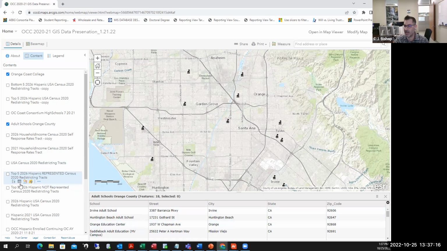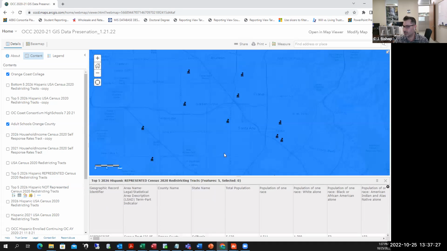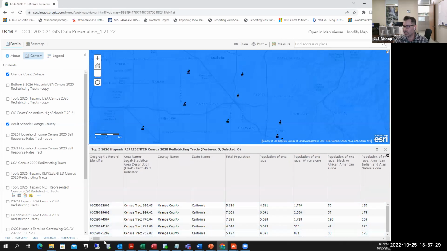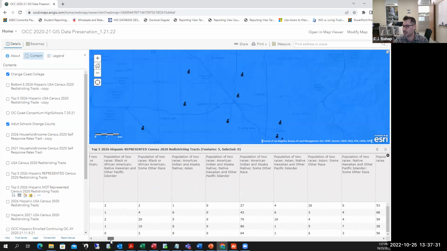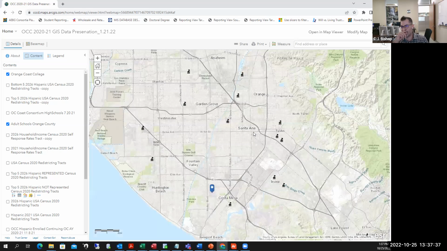For instance, if we looked at a listing of populations for top 5 Hispanic not represented, if we bring this up, you can even export certain lists to identify certain census tracts and different populations that exist. It can get pretty detailed, so we want to keep it high level, but you can definitely get into the details of exporting certain lists to better understand it, and you can do some analysis outside of it.